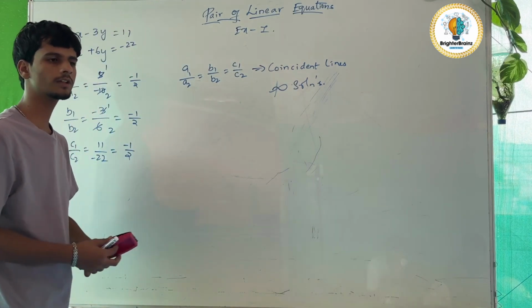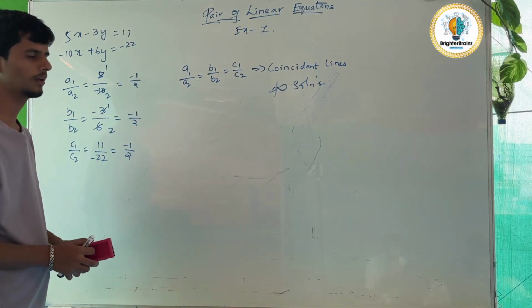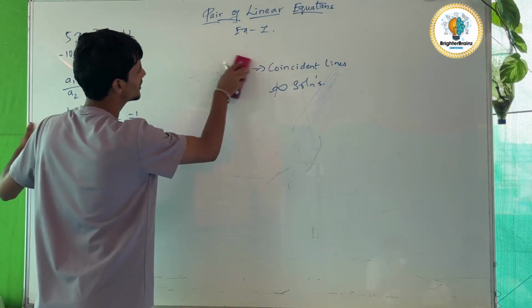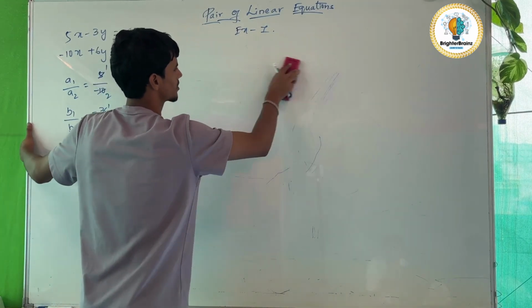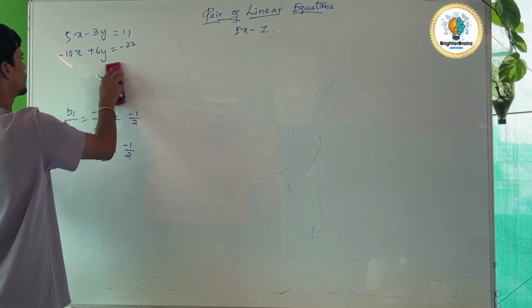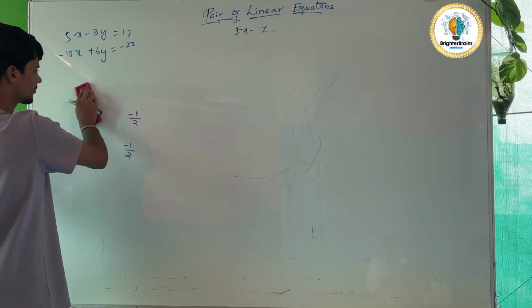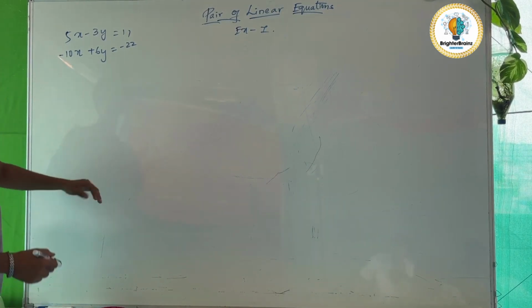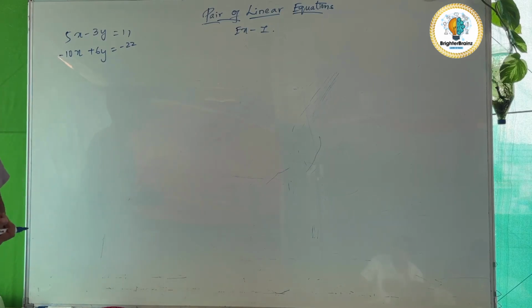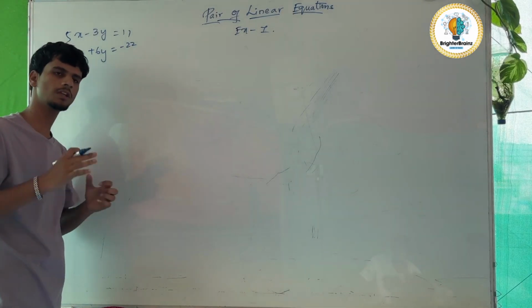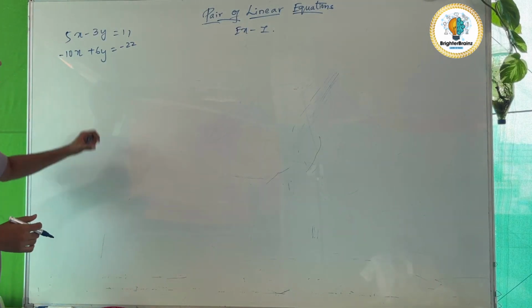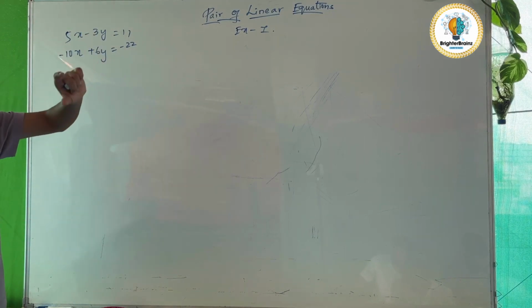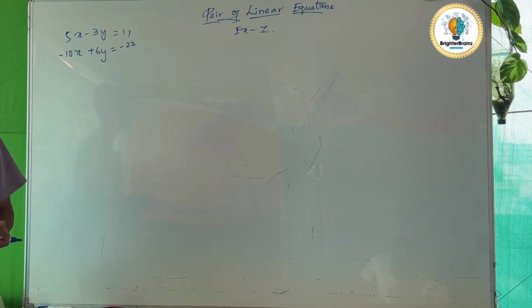So we are going to get many solutions. Let us draw the graph for this. For drawing the graph, as we learnt in polynomials, you need to get the y value for both of the equations.